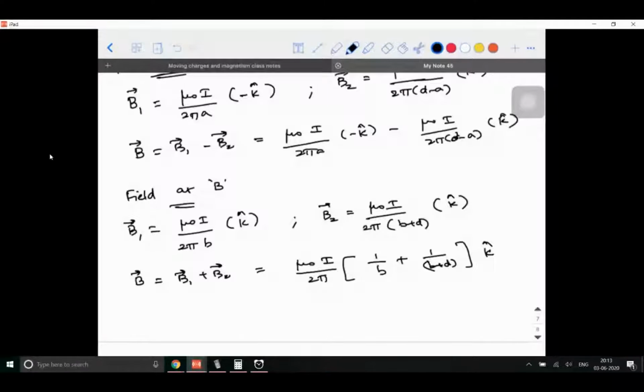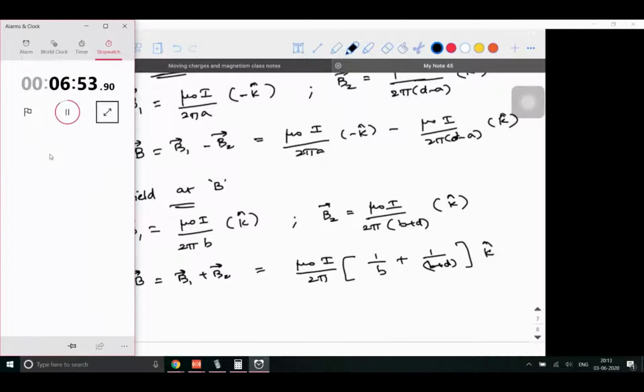Anyone who can tell me how to solve point C? Kritika, tell me.